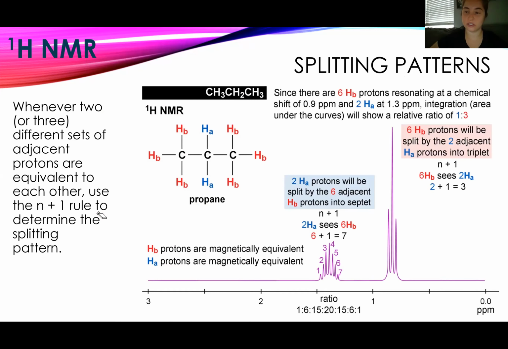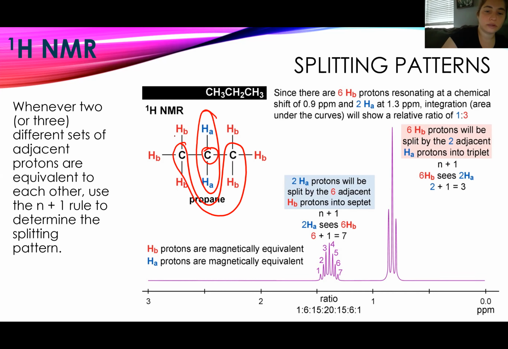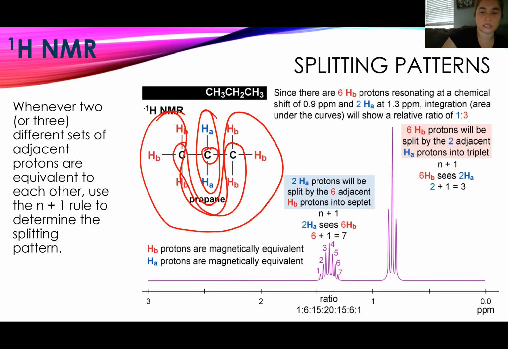Okay, I believe this is just a very repetitive slide, but I want to go through the structure of propane with you guys. Propane does have a mirror plane running through it this way. So we have a unique carbon with a set of unique protons, and then these two carbons are identical, which means all 6 of these hydrogens are identical.